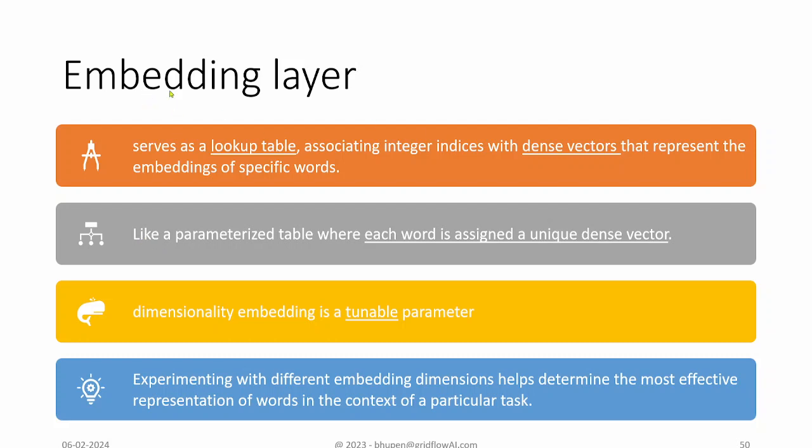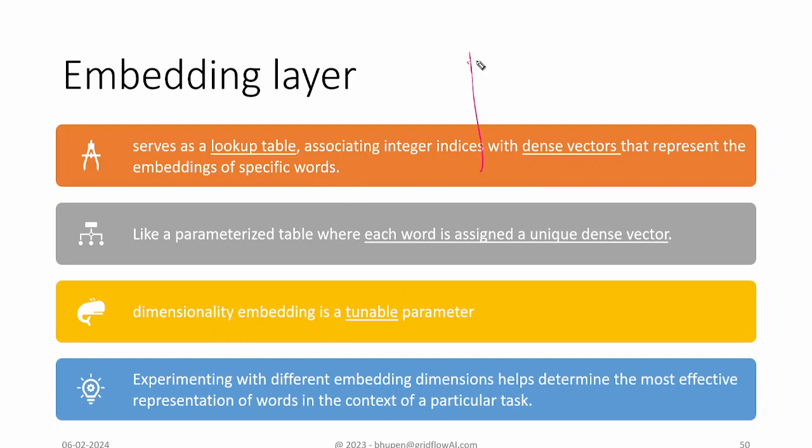Now, how does this embedding layer come into the picture? The embedding layer is nothing but a lookup table where you have a dense representation for each row, which means each row represents a word. For example, let me draw a simple picture.